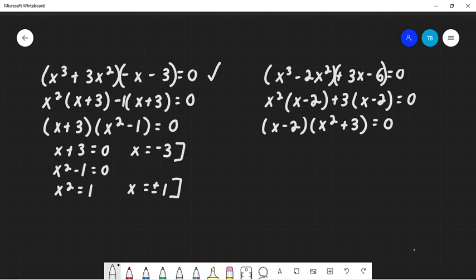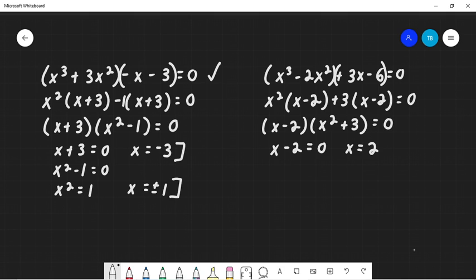All right, then we set each of our parenthetical expressions, each of our factors, equal to 0, and then we'll solve for x. So x minus 2 is going to be equal to 0, and then when we solve for x, we find that it is equal to 2.